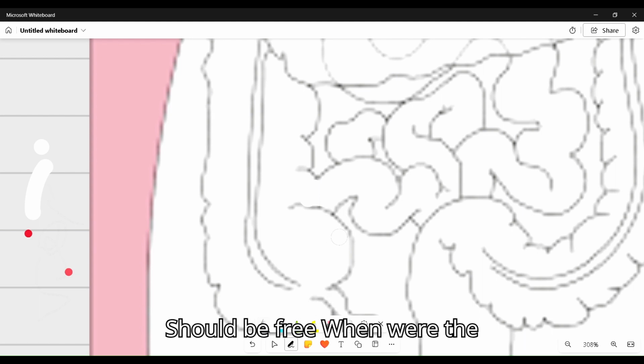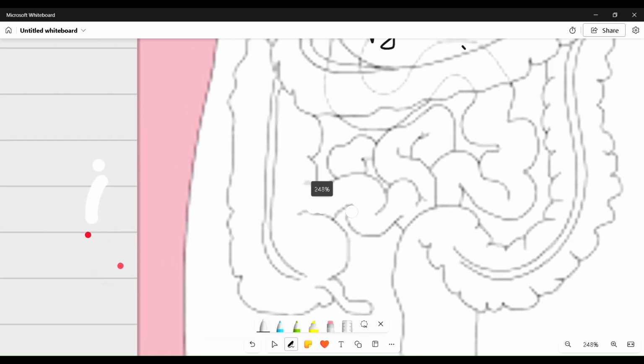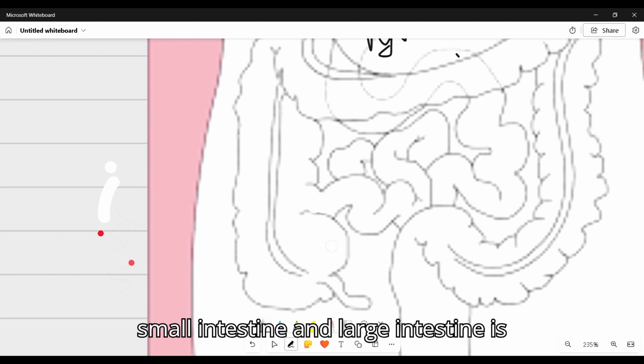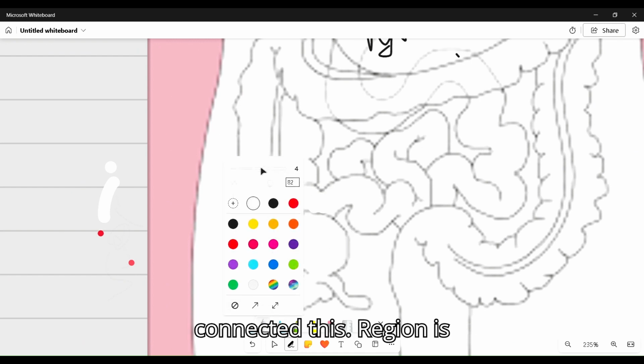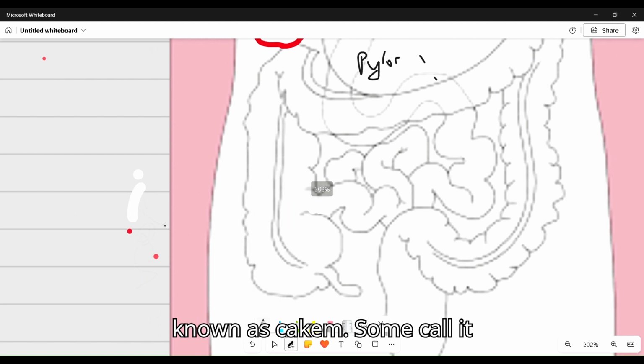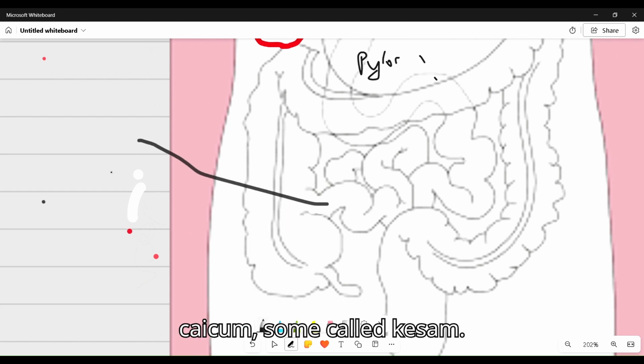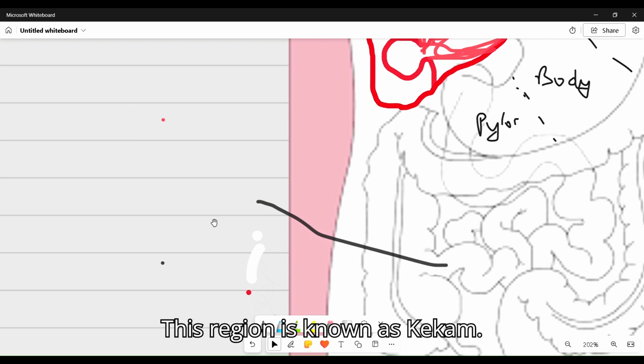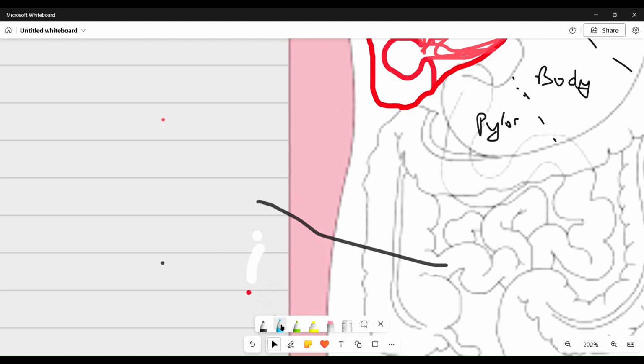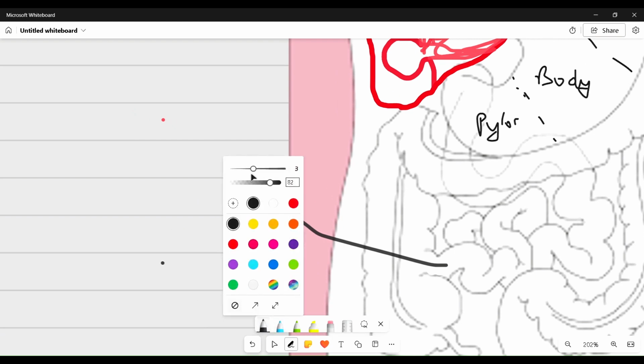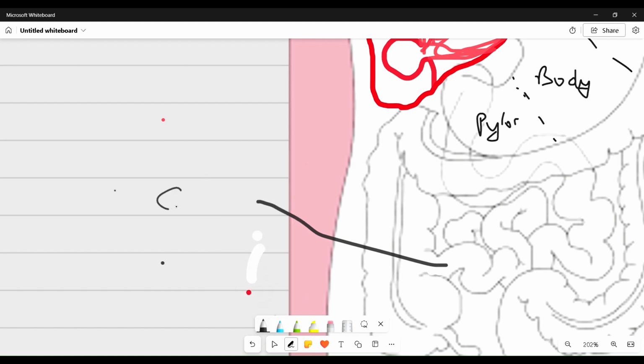Okay. So this region where the small intestine and large intestine are connected is known as the caecum. Some call it cecum, some call it caecum. So this is caecum.